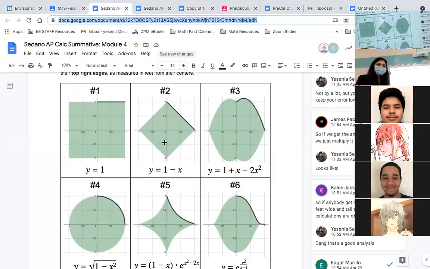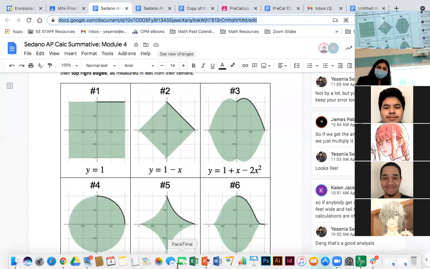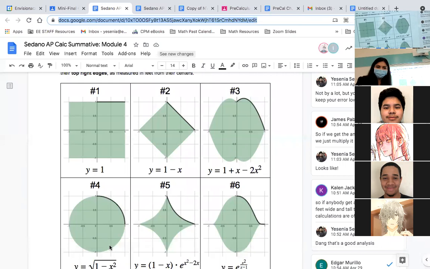We have something that looks like a diamond, and we have this line right here, and we also have a function. So what are some ideas on how to find the area of this diamond-looking shape? Let's put some ideas in the chat.